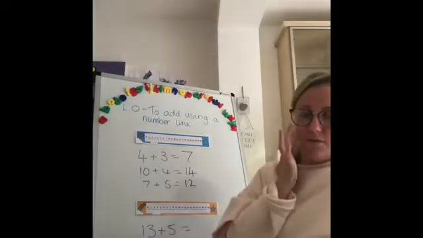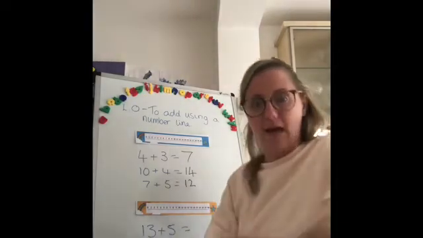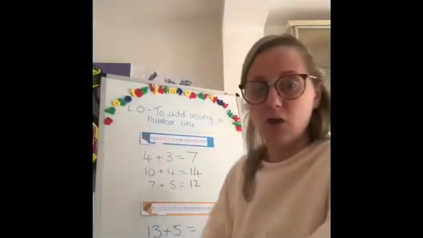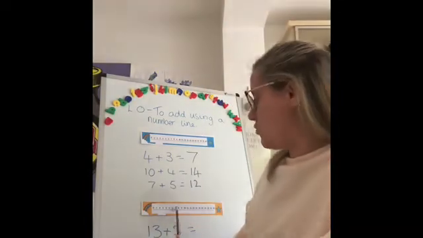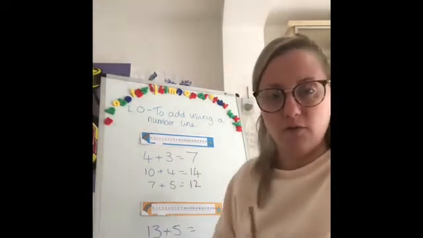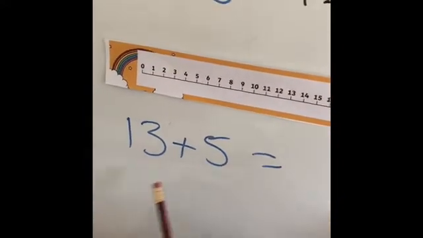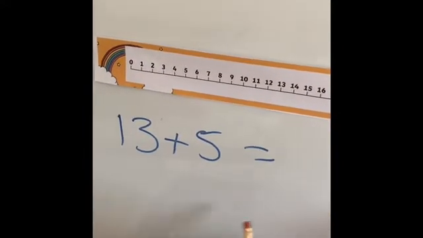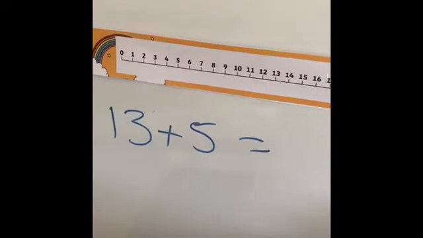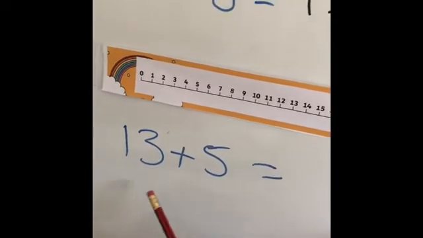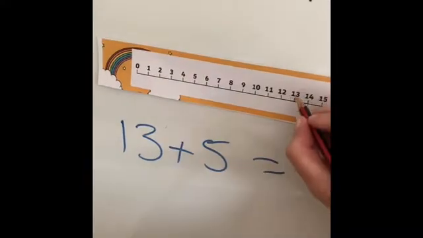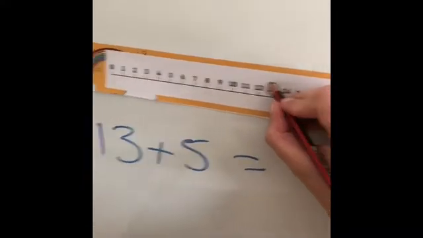I'm going to set you a few things to go away and practice with that now, but just before you do that, I'm going to show you how you can draw on the number line as you go if you find that easier. So here's my number sentence. I've got 13 add 5 equals. So what number do I need to start on this time? I need to start on 13. So 13 is here.